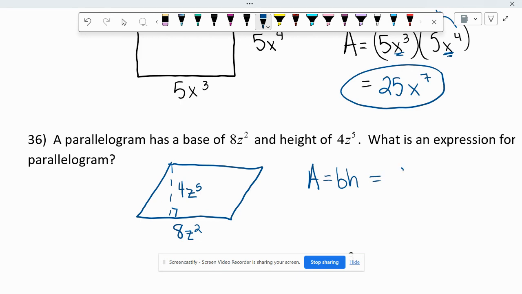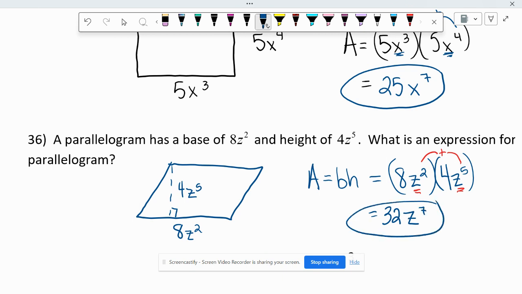So my base, 8z squared times 4z to the 5th. 8 times 4 is 32. If the base is the same and I'm multiplying, I add the exponents. That gives me z to the what power? Z to the 7. Okay.